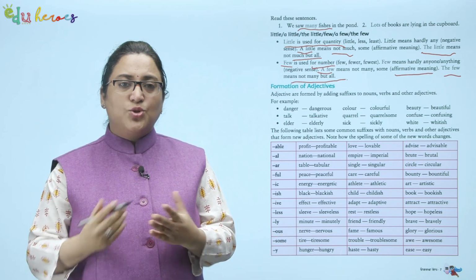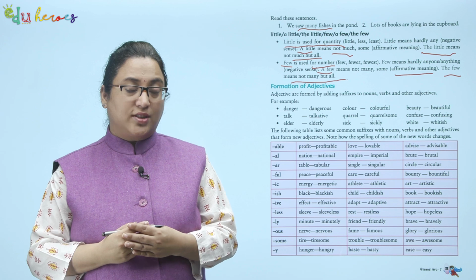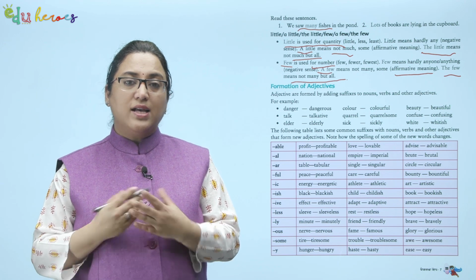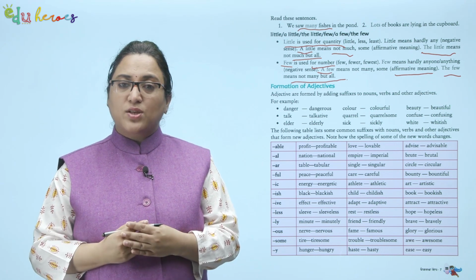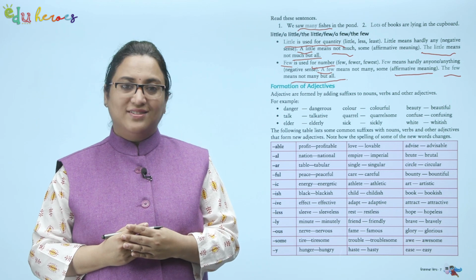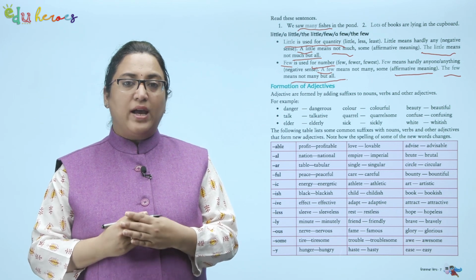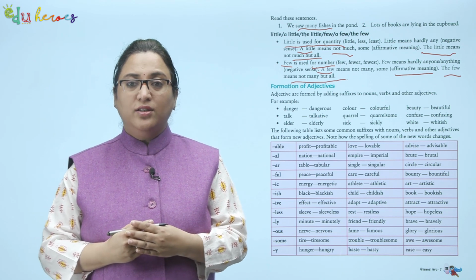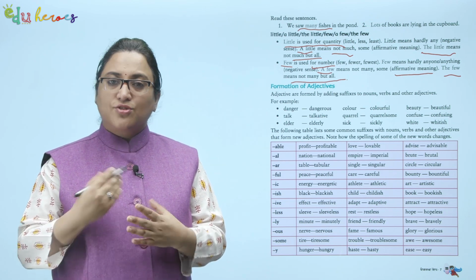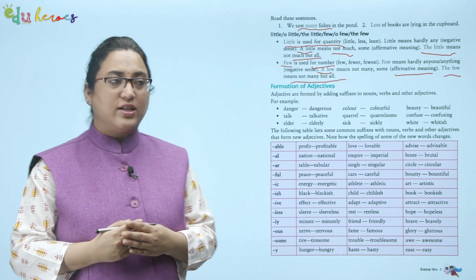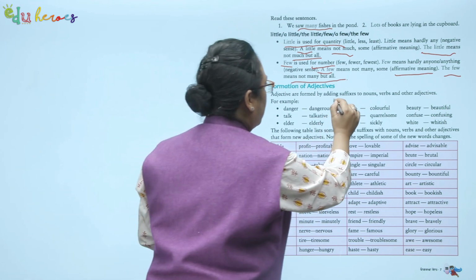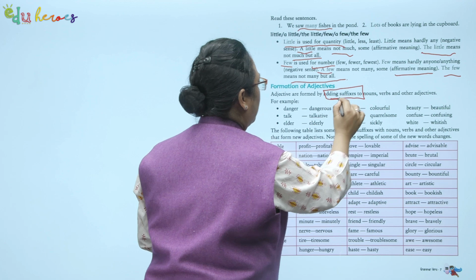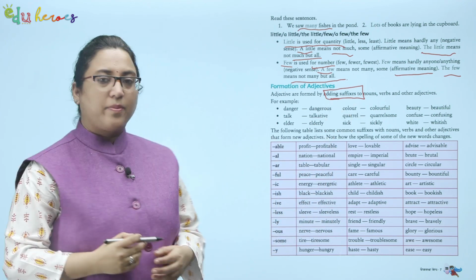Children, let's enjoy how to form adjectives so that you can make as many adjectives as possible and use them in your writing. Adjectives are formed by adding suffixes to nouns, verbs and other adjectives. Try to recall what are suffixes. This helps us to make adjectives.